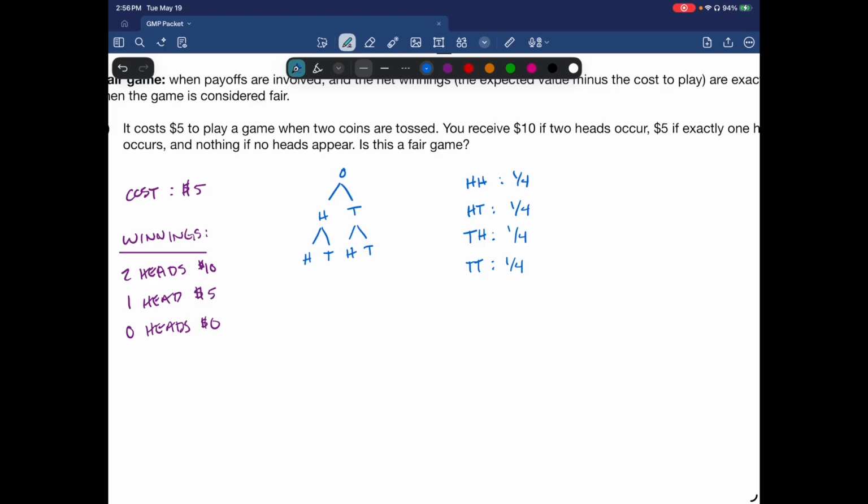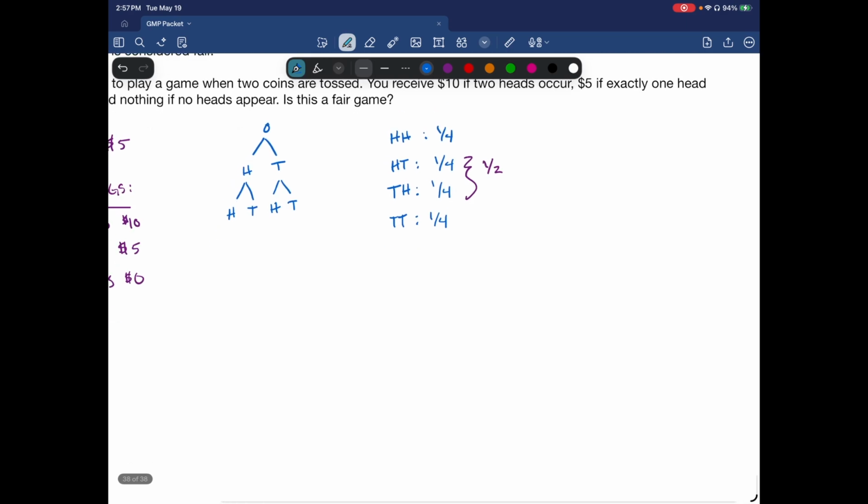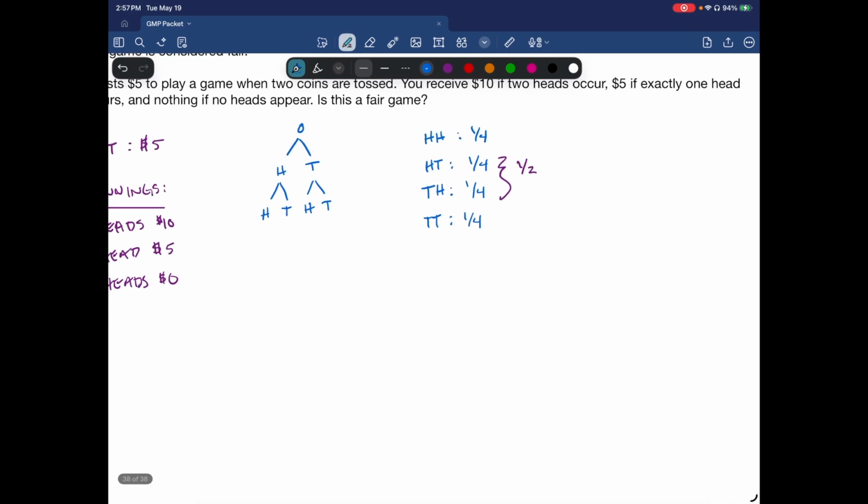Okay, so if I compare this to what I need for my winnings, if I get 2 heads, I get 1/4. But if I only need 1 head, it doesn't matter which order it comes in. That actually is half of my chances, because 1/4 plus 1/4 is 1/2. Okay, well, if I'm adding this up using that formula, I have 1/4 chance to get $10, plus 1/2 chance to get $5, and 1/4 chance to get $0.